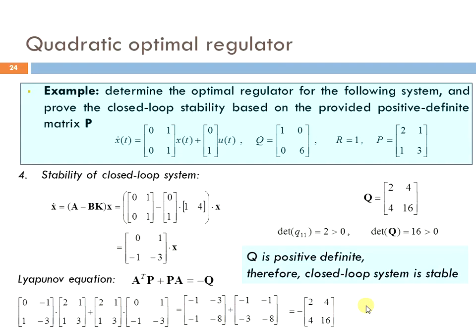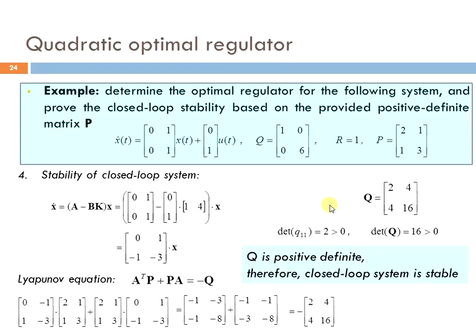If we find that it is not stable, it may be necessary to modify the weighting matrices Q and R, because these are basically the ones on the basis of which our quadratic optimal regulator is designed. Maybe the requirements cannot be satisfied by a quadratic optimal regulator, in which case we may need to modify these design requirements.